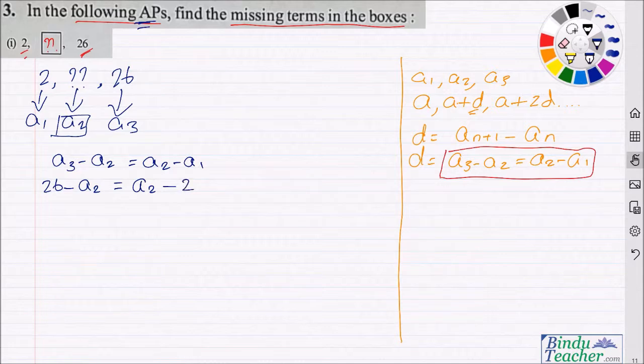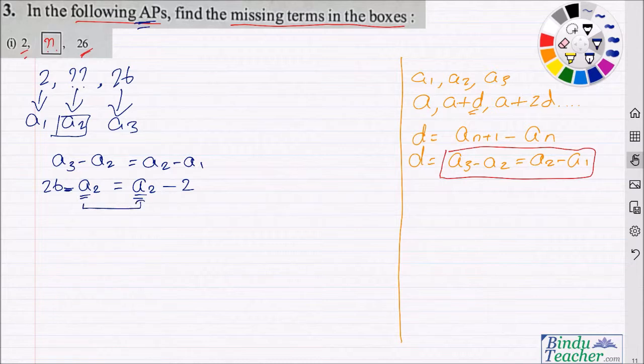Now we will simplify this equation. Since we want to find the value of A2, we will move A2 to one side of the equation. So we have one A2 here as well. Since this has a negative integer, let's move it to the other side.